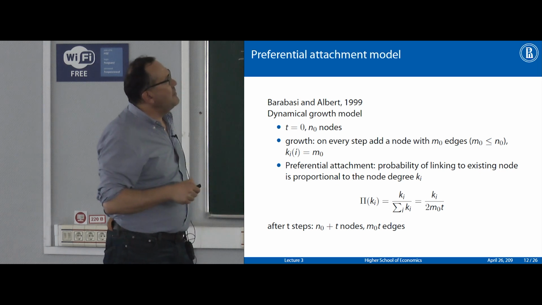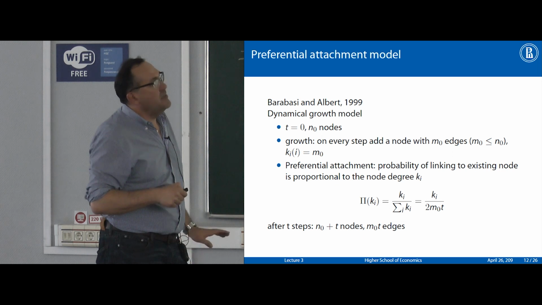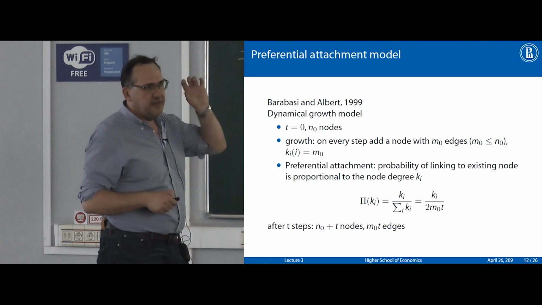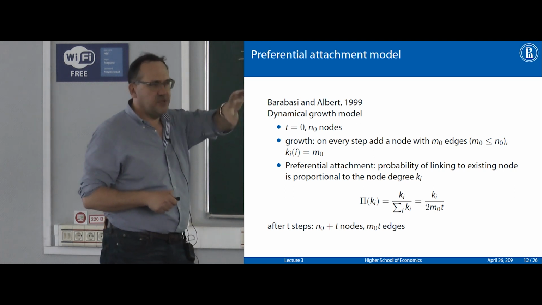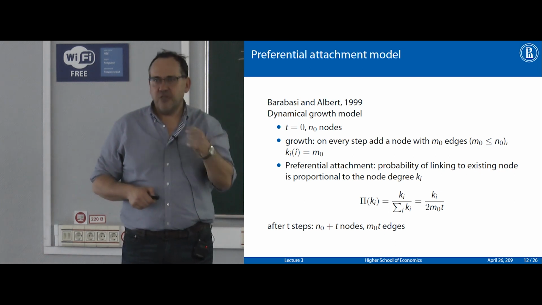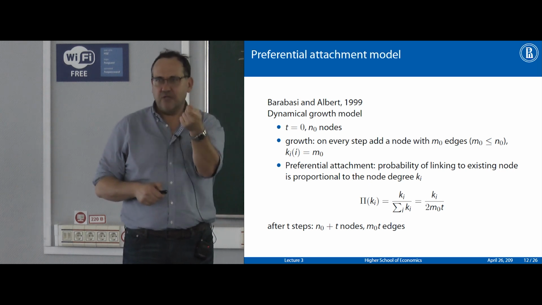Dynamical growth model. At time 0, there are some nodes, and there might be some edges. Growth: on every step, we add a node with some number of edges, and that node connects with those edges to other nodes. It's slightly different from this party situation, where at a party you come with one edge, in the sense that you connect to one group.